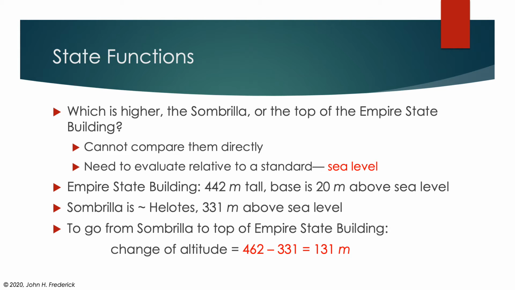All right, well, what's the point of doing all of this? I mean, so what? Who cares about the Empire State Building and the Sombria? Well, it turns out that no matter what path we take going from the Sombria to the top of the Empire State Building, if we drove a car from here to New York and rode up the elevator, or if we took a helicopter and went all the way across the country, or maybe if we took a moonshot into space and then took a parachute down from there and landed on the Empire State Building, it doesn't matter how we go, we'll end up with the same change of altitude between the Sombria and this Empire State Building.